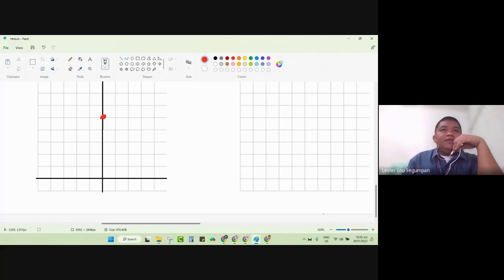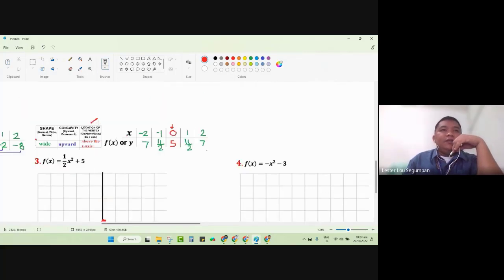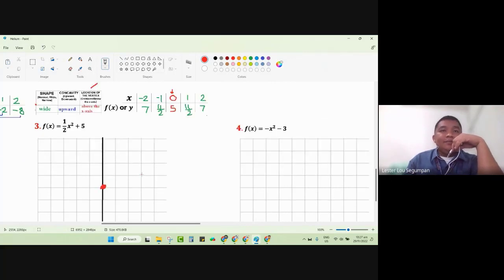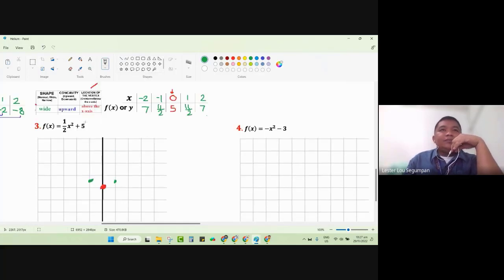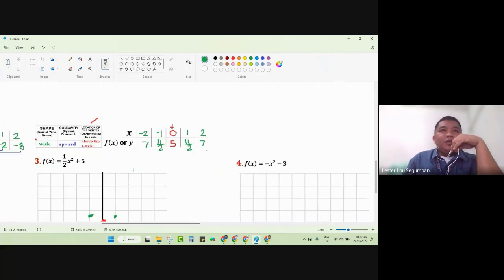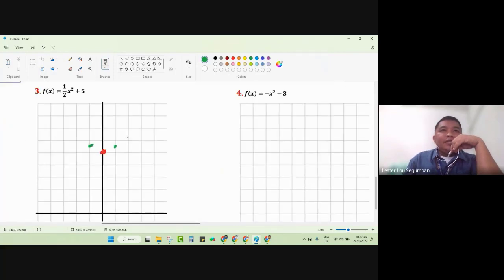So as you can see, the vertex is already above the x-axis as predicted. Then 1 and 11 halves, or 5 and 1 half. So it's here. And here for negative 1. And you will have 2 and 7. It's already 5, 6, and you have here 7.